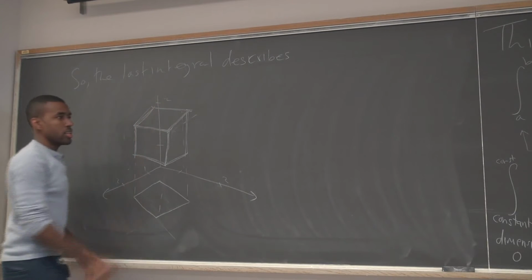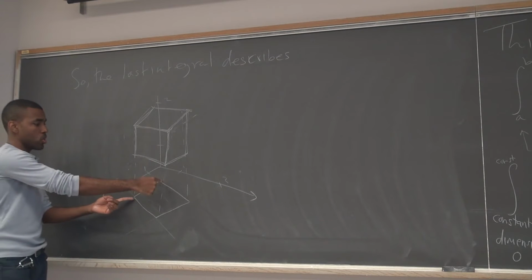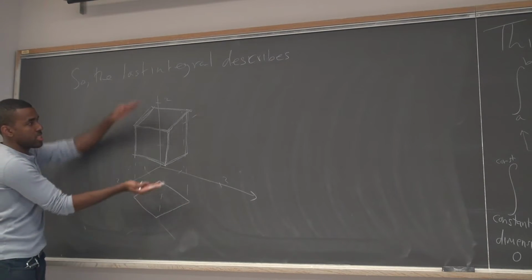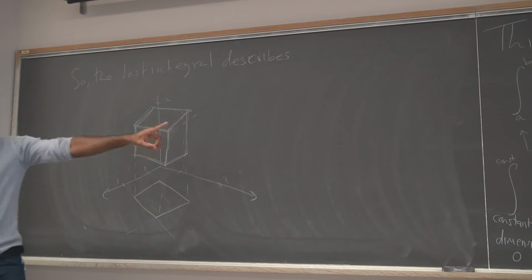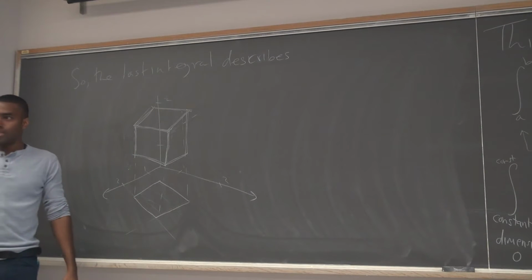So me setting up that integral is like me integrating over this box, right? Where my x values run between 1 and 2, my y values run between two functions, and my z values run between two planes, right? So setting up that region is like me telling you, integrate on this box.